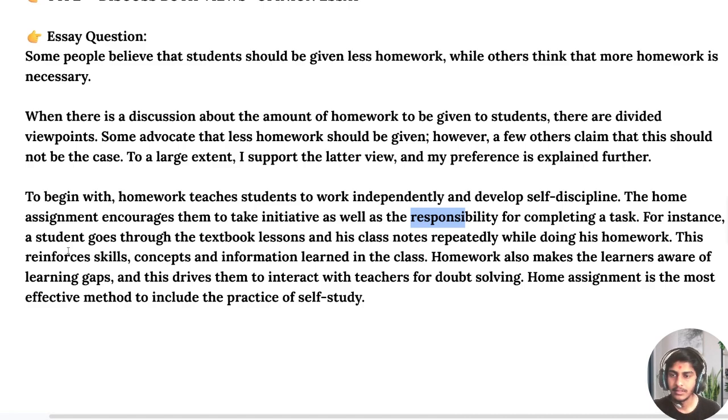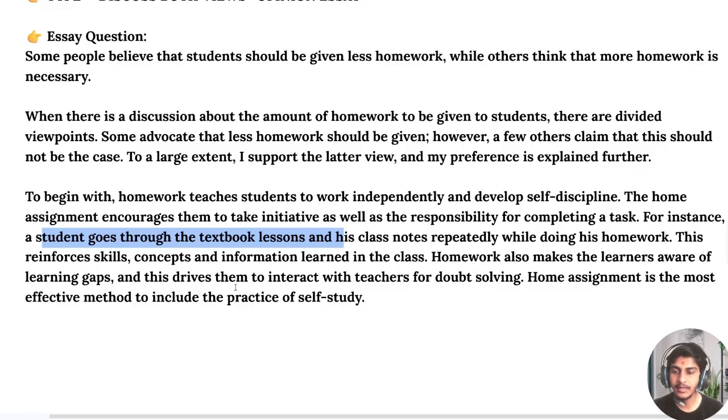Examples: students go through textbooks and class notes, the class lesson. IELTS examiners love simple, real and logical examples like learning gaps. Homework helps students understand what they know and what they don't know, so they ask teachers questions, and this is cause and effect, which increases the band score.